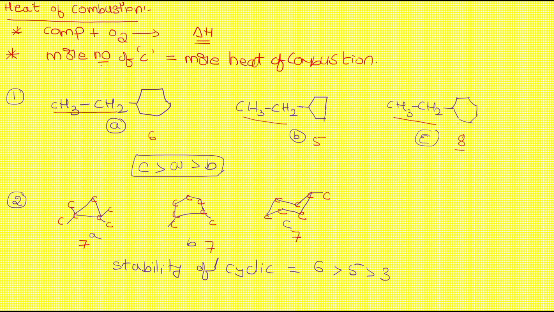So obviously in this example, when I go for the order of which compound will have high heat of combustion, A will have high heat of combustion, then B, then C, because stability is inversely proportional in the opposite direction. In this way, by considering the number of carbon atoms and the stabilities of the compounds, we can judge which compound will have high or low heat. Simple.